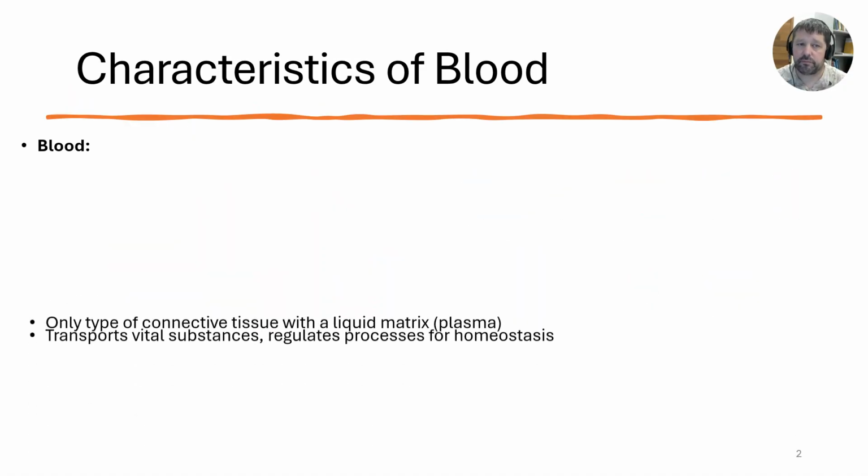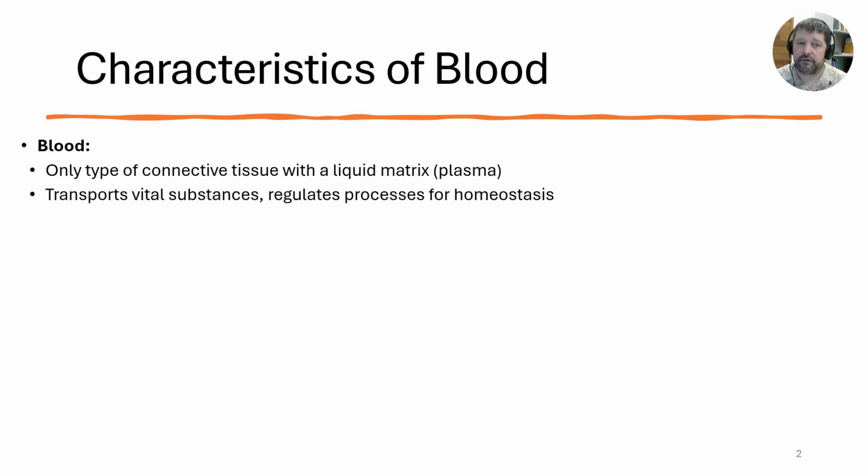So first off, blood itself is the only connective tissue that has a liquid matrix, and that liquid matrix we call plasma. Okay? And so when we're talking about blood, it's super important for homeostasis. It can maintain ion balances, it can maintain nutrients, it can transport hormones and maintain hormone balance, and change temperature in the body.